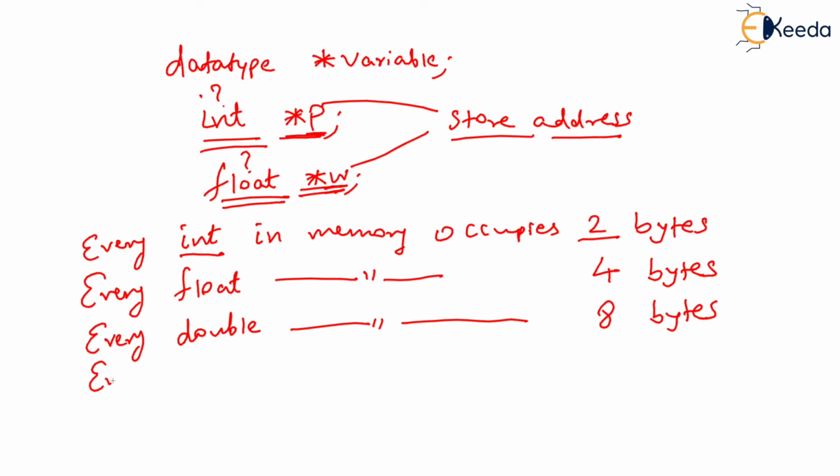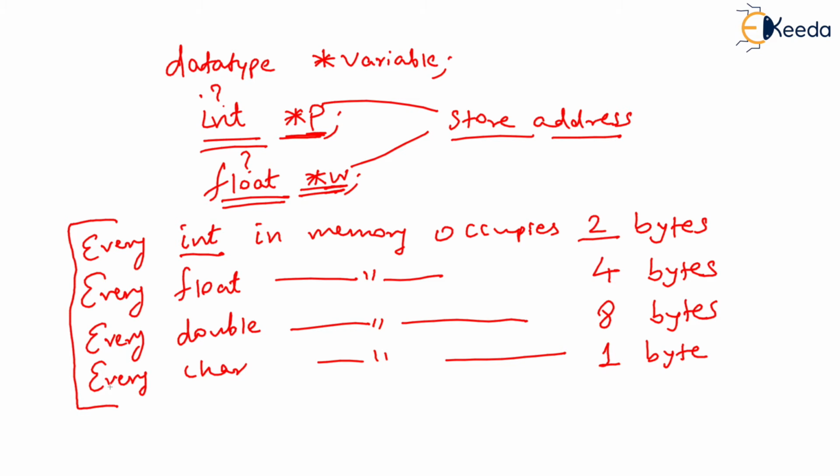And every character variable occupies 1 byte of memory. So char is the smallest data type. To store a single character like A or Z, you need only 1 byte. So these are the memory requirements of the basic data types.